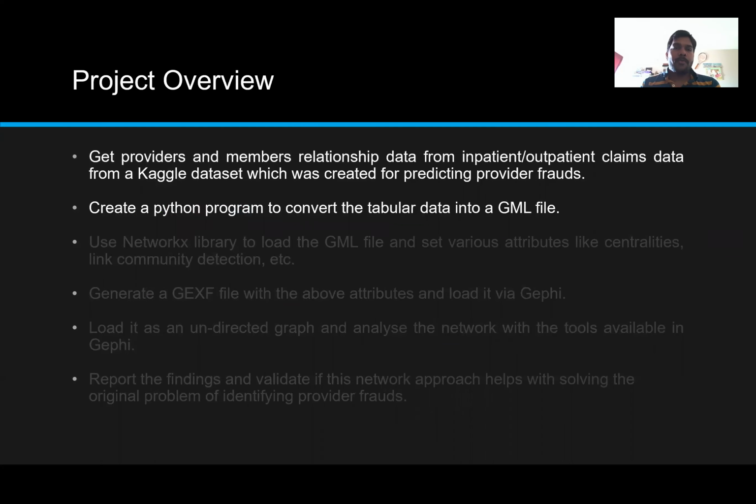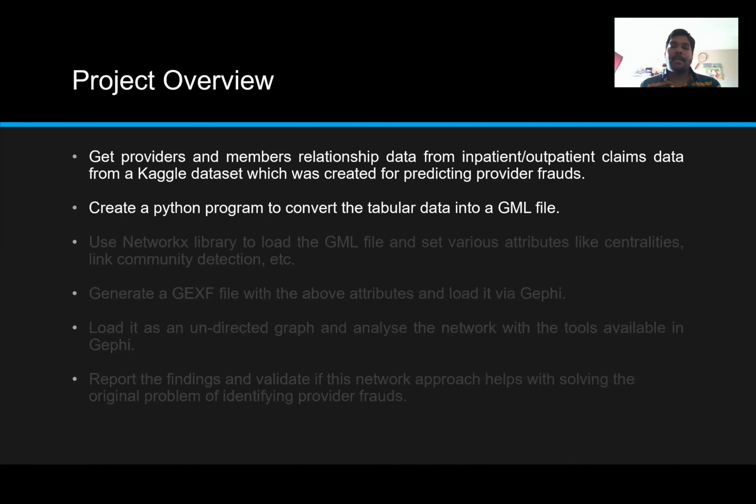So the project overview. Since healthcare data is the most sensitive data, it has members' personal information and the services offered by the provider to the member. So we are not going to look at real data here, but Kaggle had a claims data set with dummy provider IDs and member IDs.